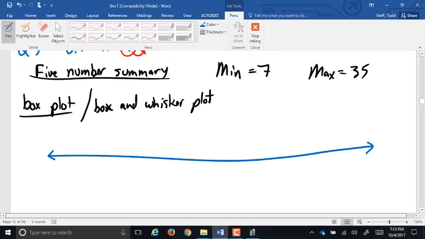Pretend that's a line. So here's our number line. And we plot the 5-number summary here.